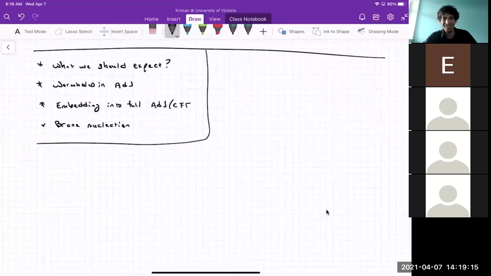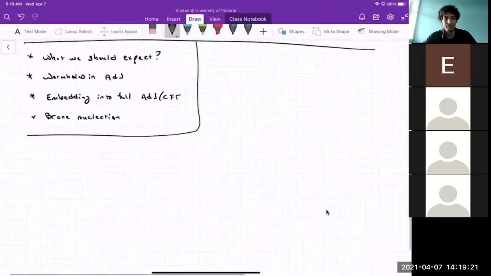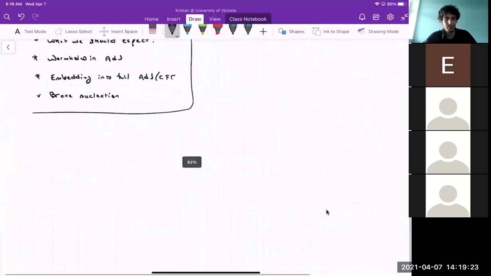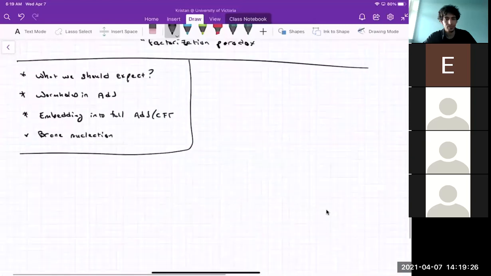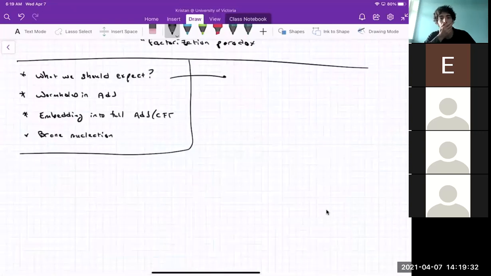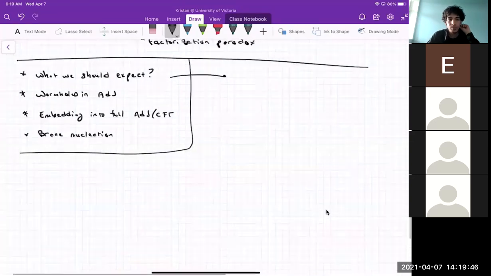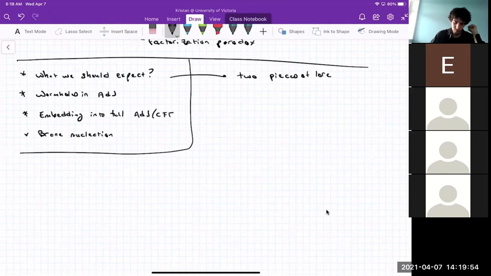Okay, so what should we expect? Something that I have learned recently from my collaborator is that there are some robust facts that have taken on the status of lore in the many-body quantum mechanics community concerning the level statistics.